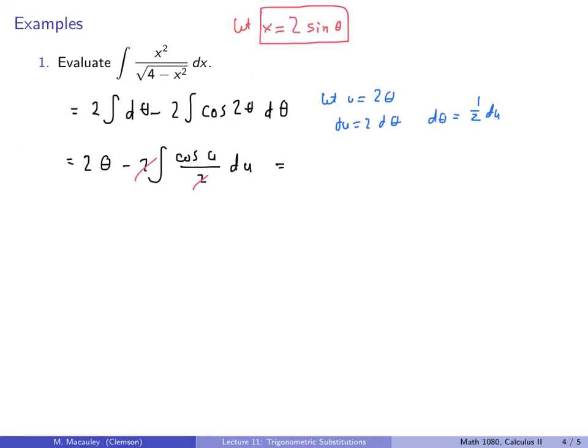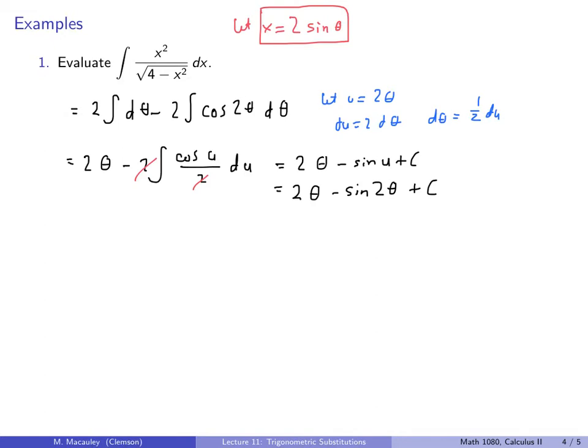And I get 2 theta minus sine of u, is that right? Yes, plus c. And so back substituting, I get 2 theta minus sine of 2 theta plus c.